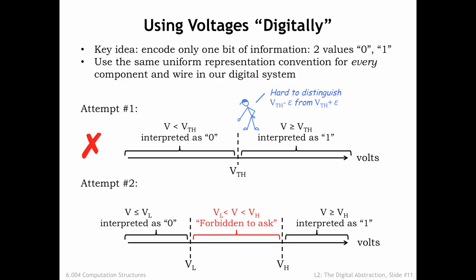The reference could change slightly as the operating temperature varied or the power supply voltage changed, and so on. We only need to guarantee the correct behavior of our converter for voltages below V sub L or above V sub H. This representation is pretty promising, and we'll tentatively give it a green check mark for now. After a bit more discussion, we'll need to make one more small tweak before we get to where we want to go.